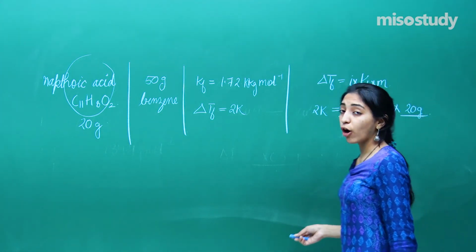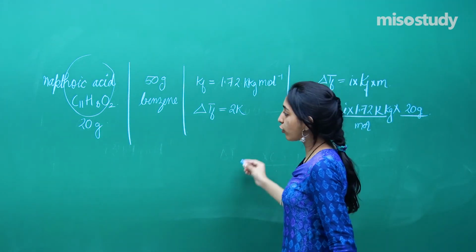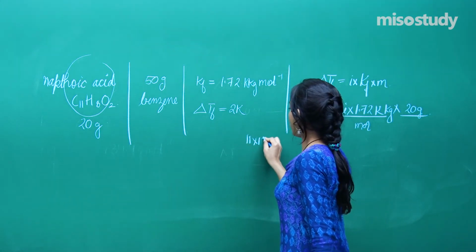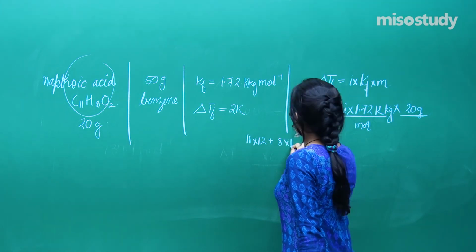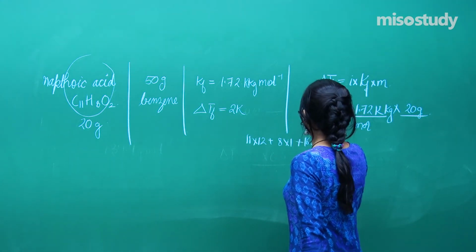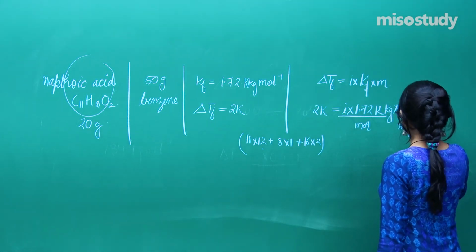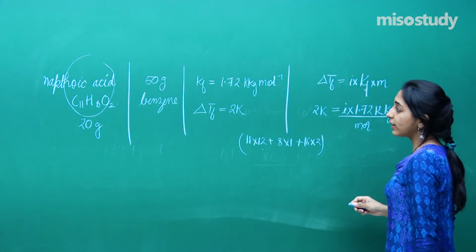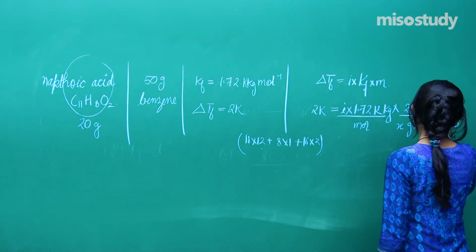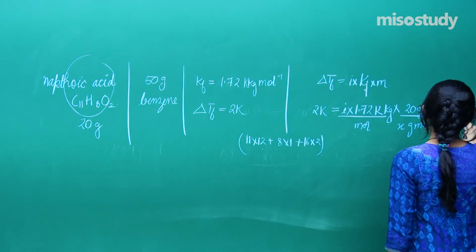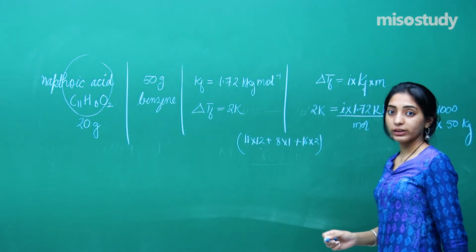Now since the formula C11H8O2 is given to you, you can do 11 into 12 plus 8 into 1 plus 16 into 2. Whatever the answer comes, let me write it to be x grams per mole, by mass of solvent in kg, which is 50 divided by 1000 kg.